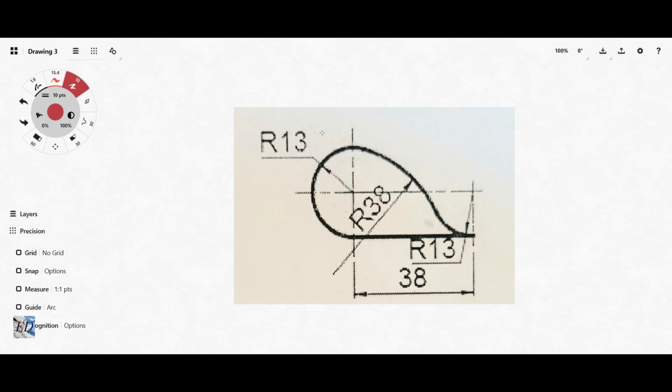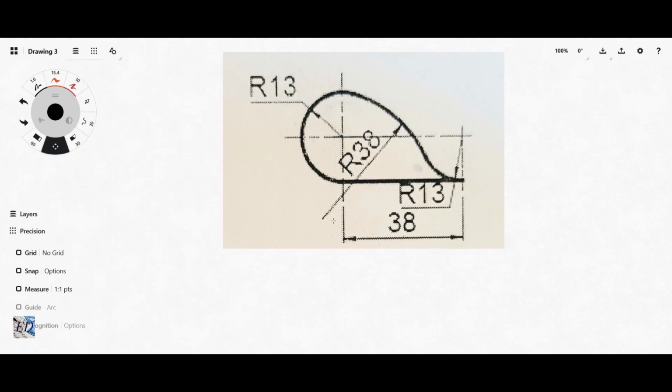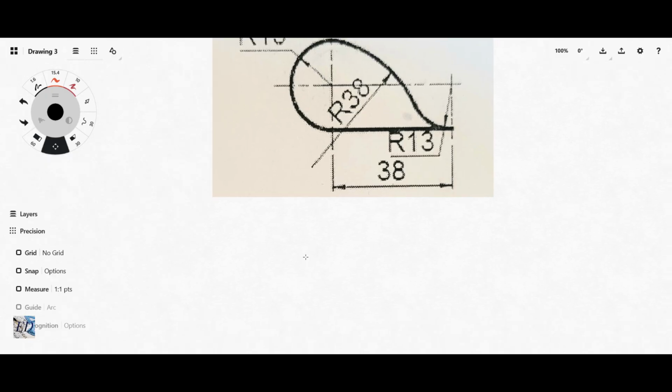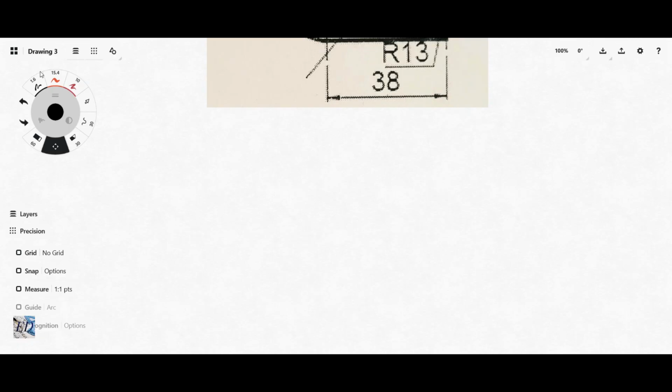Here we have 4 features to be drawn, and we have 4 dimensions given. So you try and understand the figure that you are drawing, and then you go on to the easiest or simplest part that you can draw. I mostly prefer to start with a straight line. You find the best position on the drawing board and you draw. So I'll start with the straight line.